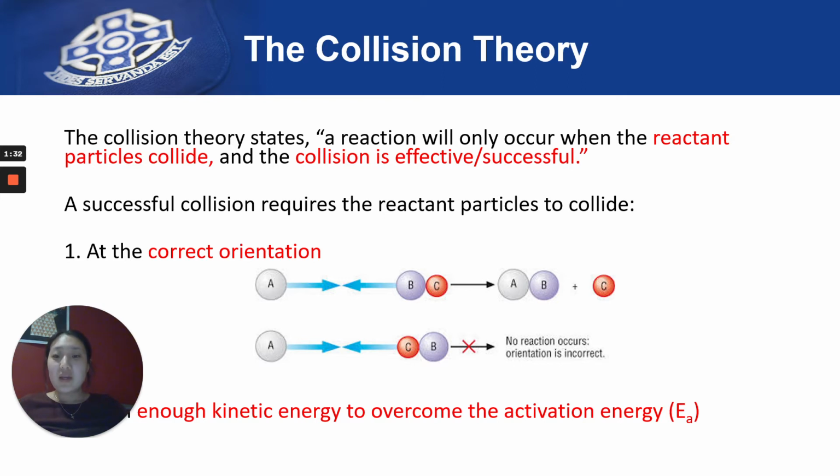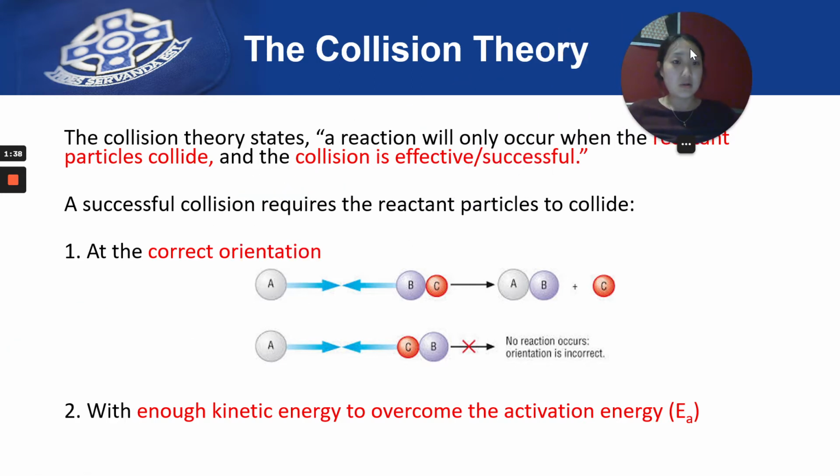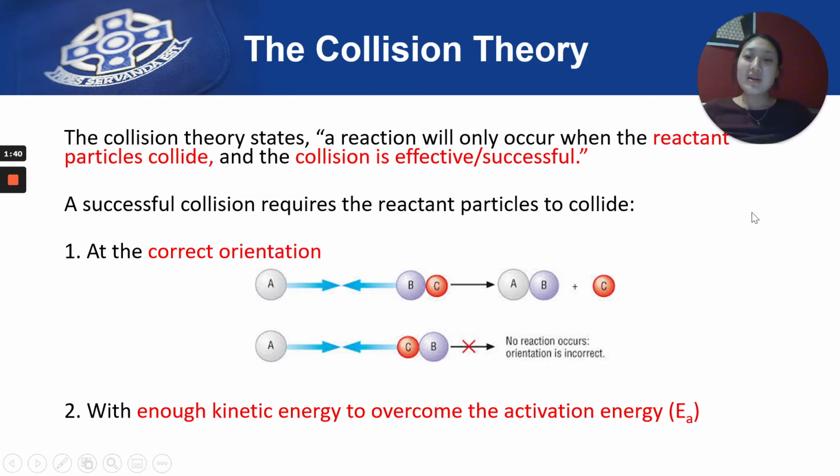For the collision to be successful, the reactant particles need to collide at the correct orientation, and they also need to collide with enough kinetic energy to overcome the activation energy. We will go over what activation energy is, so don't worry.